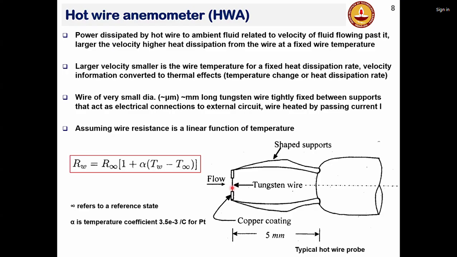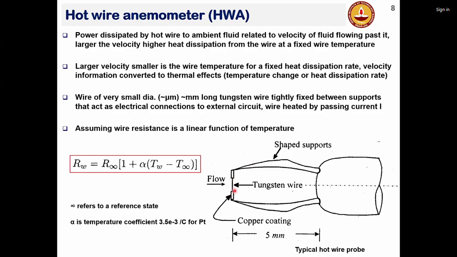That means if the current is constant, it is going to lose more and more heat, and the resistance is going to change. Or you can say, I want to hold it at a constant temperature. So if you are holding at a constant temperature and the heat is being lost, that means you need to supply more and more current.